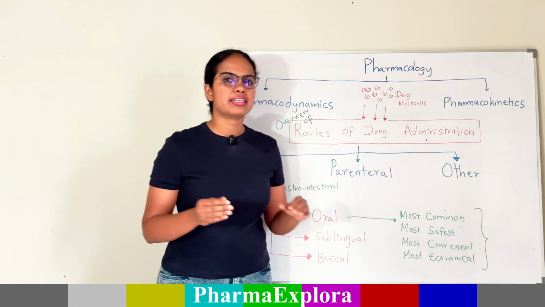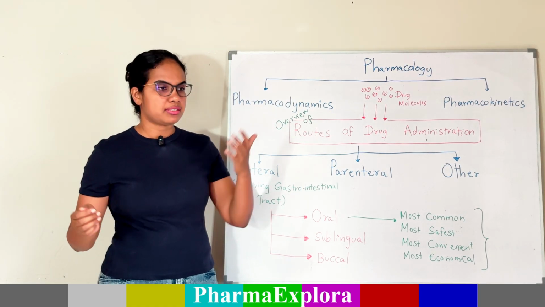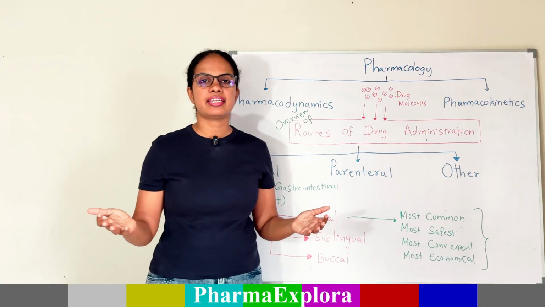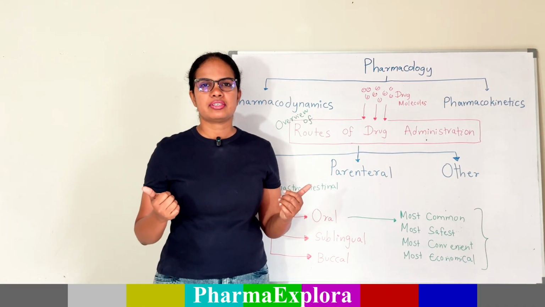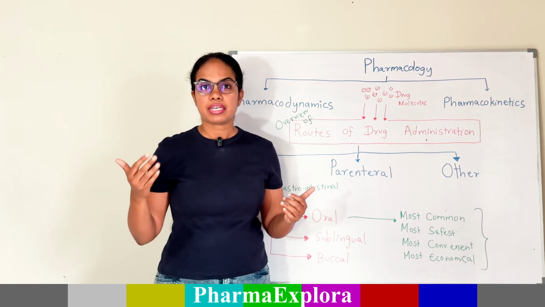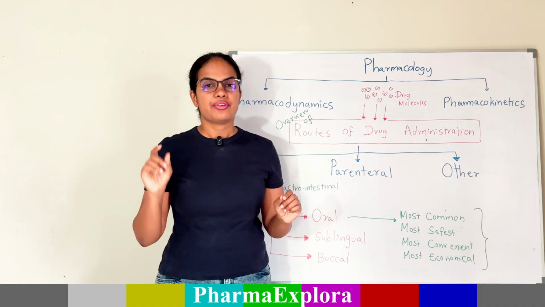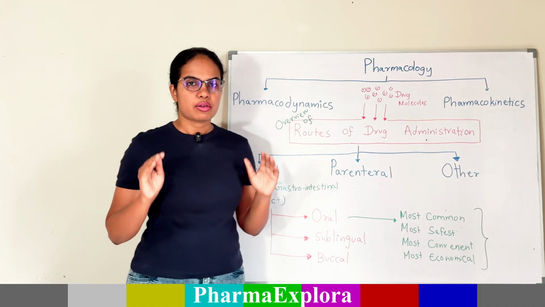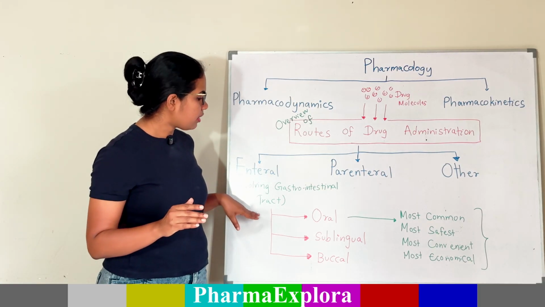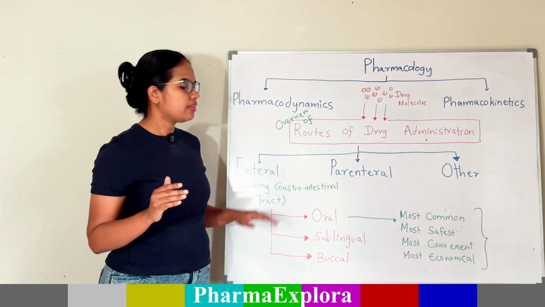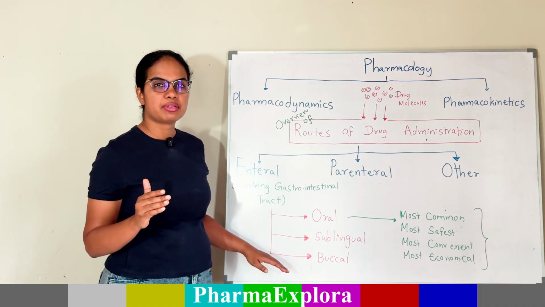The other category included many different pathways like oral inhalation, nasal inhalation, intrathecal and intraventricular administration, then topical administration, transdermal administration, as well as rectal administration. Now, the enteral route is divided into three main methods: oral administration, sublingual administration, and buccal administration.